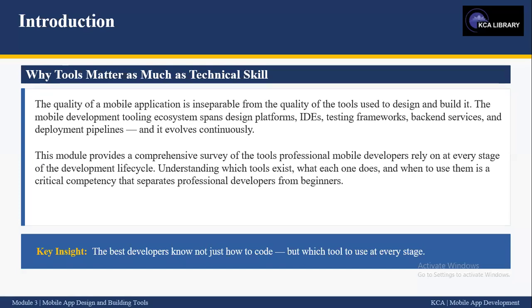Understanding not only how to use these tools, but also when to use them is a defining characteristic of professional developers. The key insight is that effective development depends as much on tool selection as it does on technical skills.